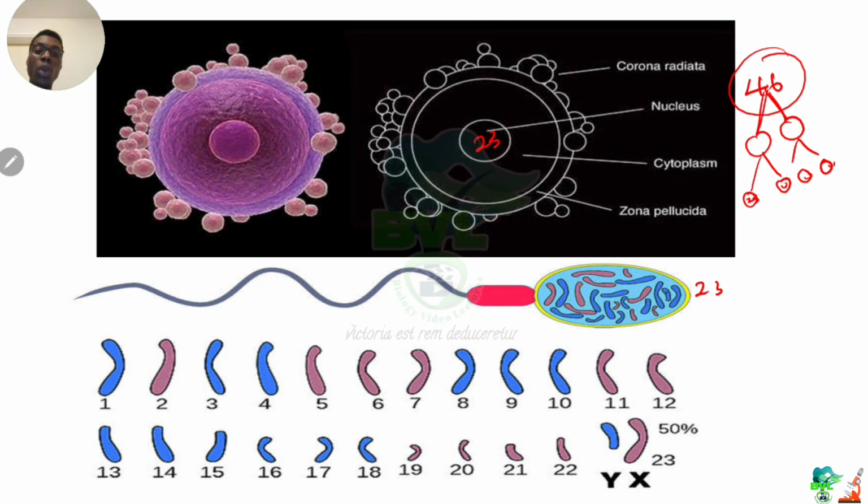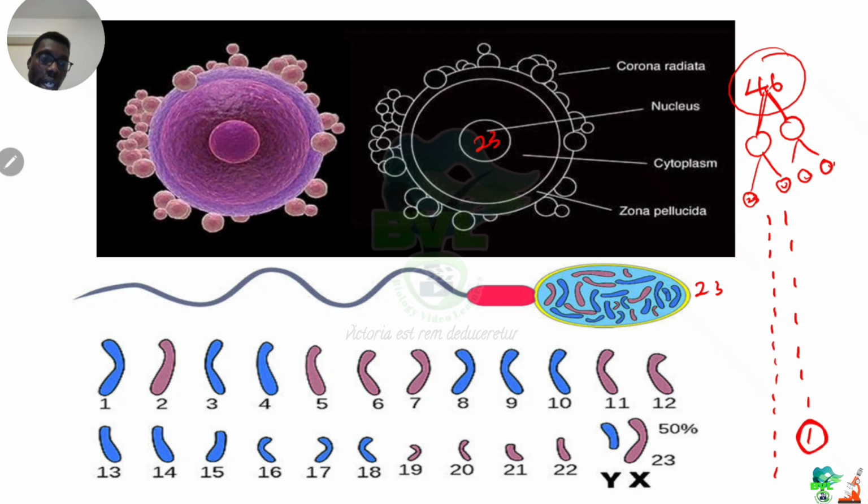Now, what that means is this. In the case of humans, the last chromosome in a sperm cell, if I say it's not in pairs, it's just singly, let's say 1, 2, 3, up to 23.